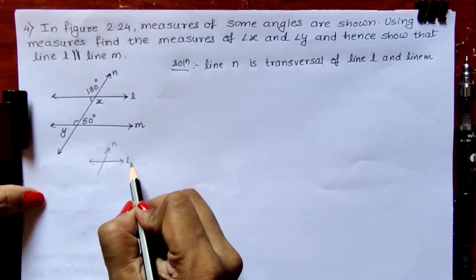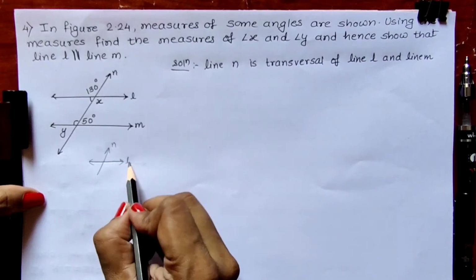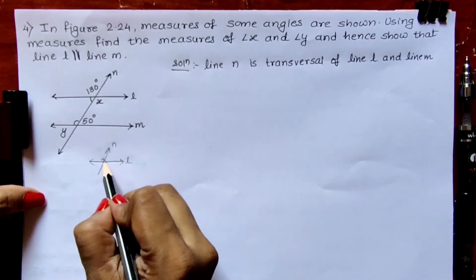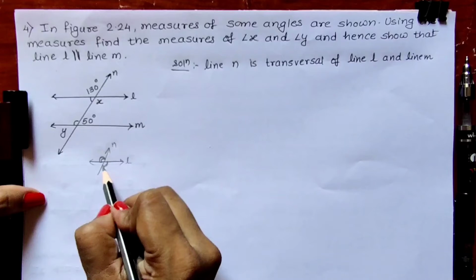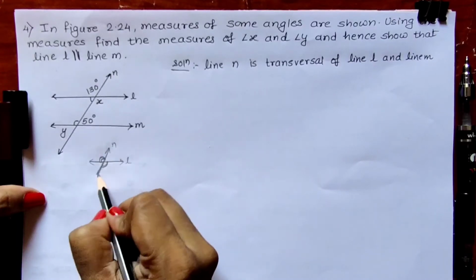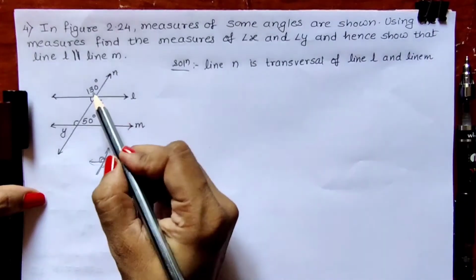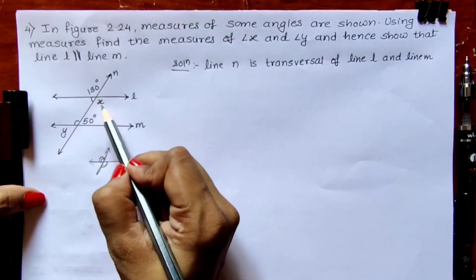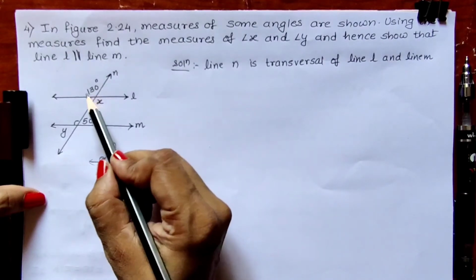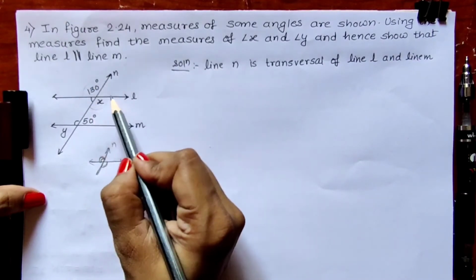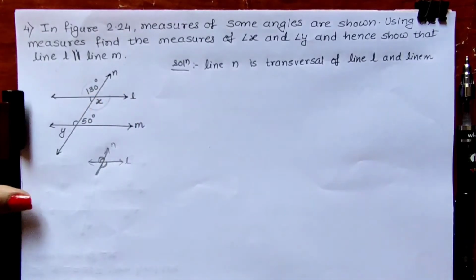So due to intersecting line N and line L, we are getting vertically opposite angles. And I have told you vertically opposite angles are always in the shape of X. So these two are vertically opposite angles, 130 and X. So if this angle is 130, X will also be 130. Measure of X will also be 130.